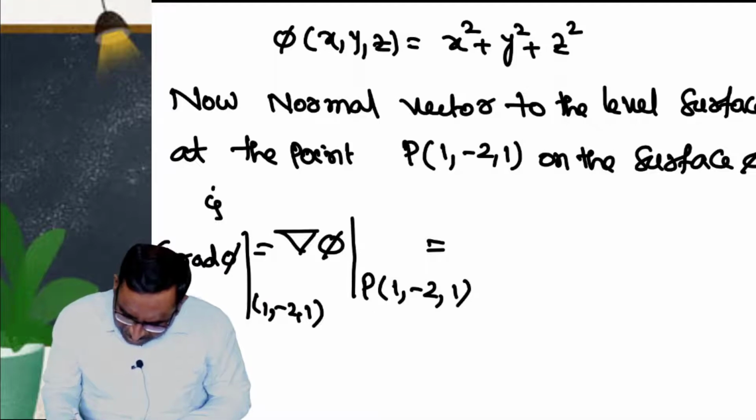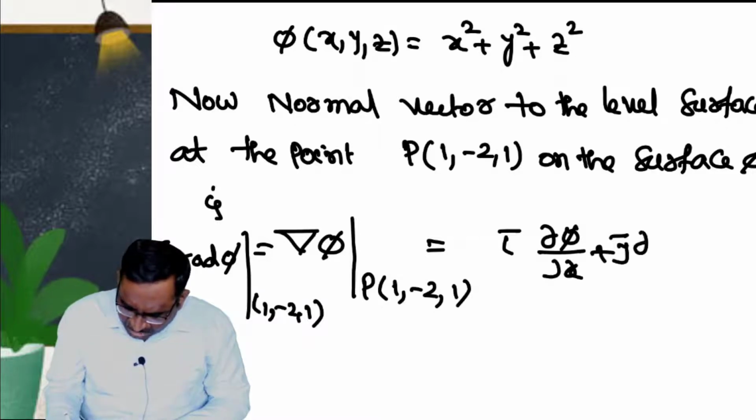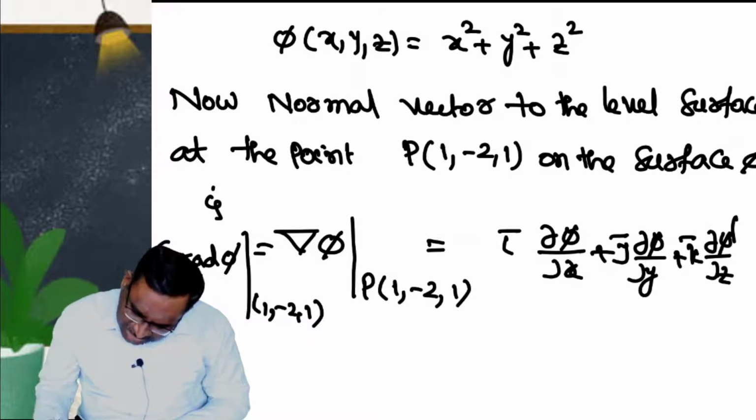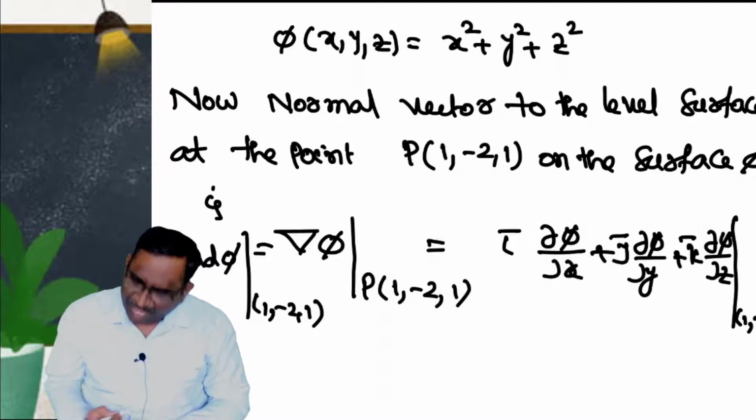By the definition, del phi is i bar dou phi by dou x, plus j bar dou phi by dou y, plus k bar dou phi by dou z. I am going to calculate this value at the point 1, minus 2, 1.